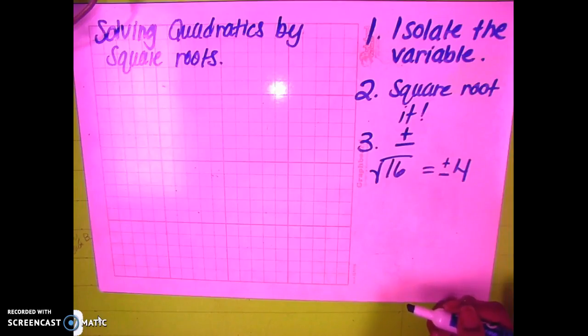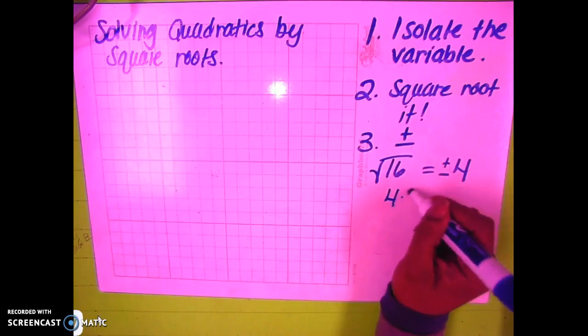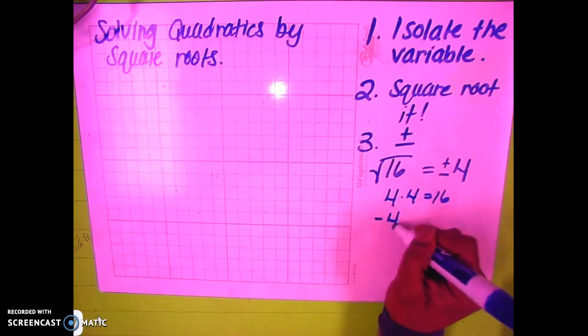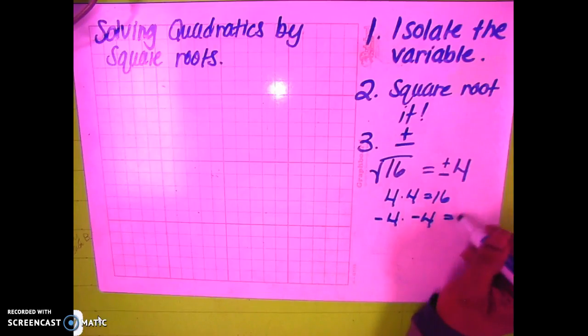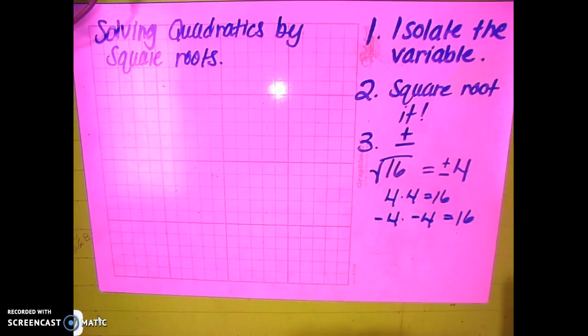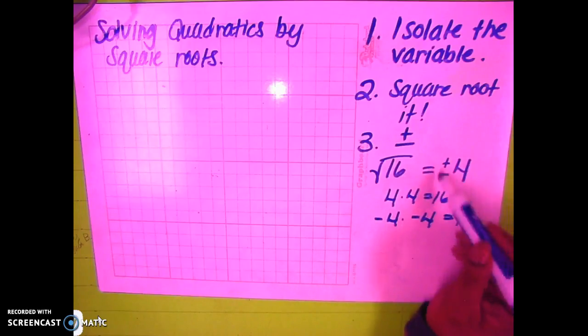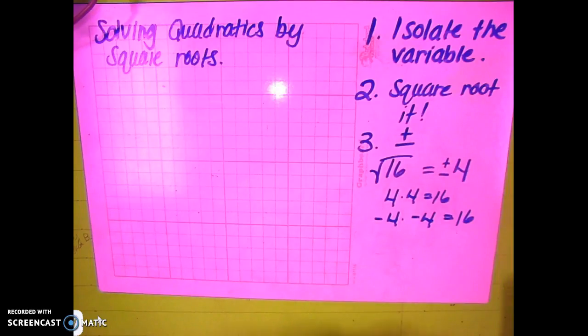It multiplies to be another number. So 4 times 4 is 16, and negative 4 times negative 4 is also 16. So we have to account for these two different scenarios by putting the plus or minus in front of our answer. So let's get into the first example.